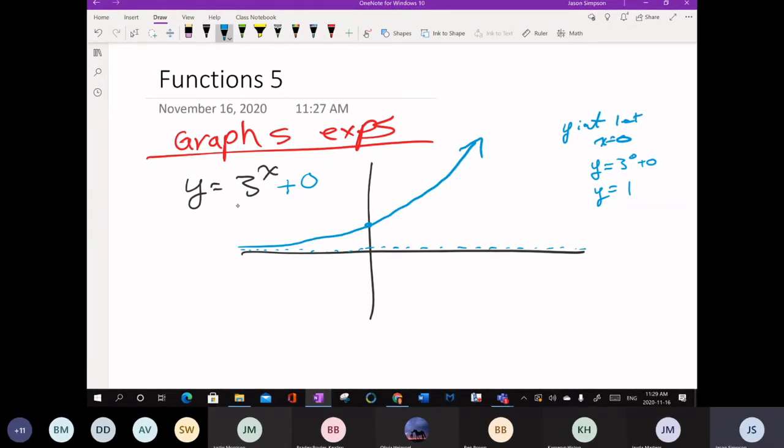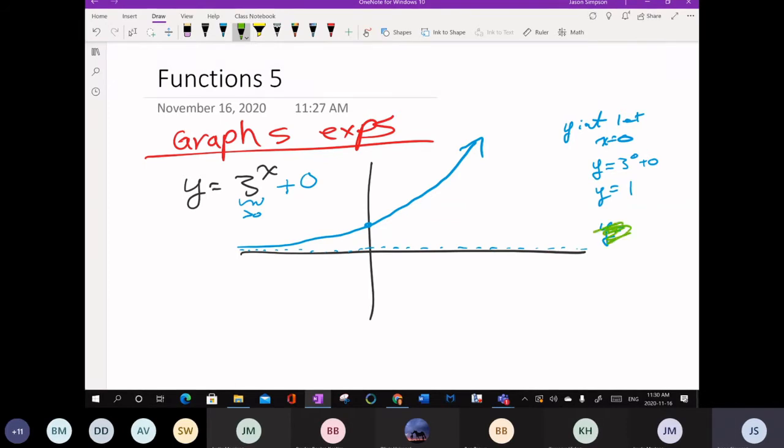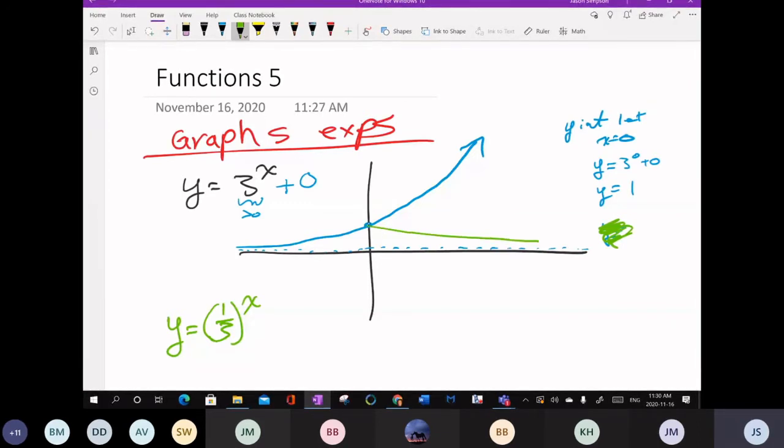As long as the b value, this part, is greater than 0, it looks like this, right? So let's say I had another one. Let's say we draw y is equal to (1/3) raised to the x. What that does is it flips our graph around, and it looks almost identical.